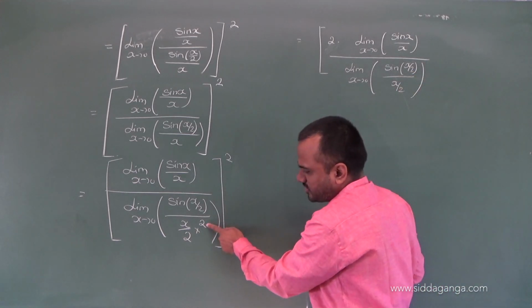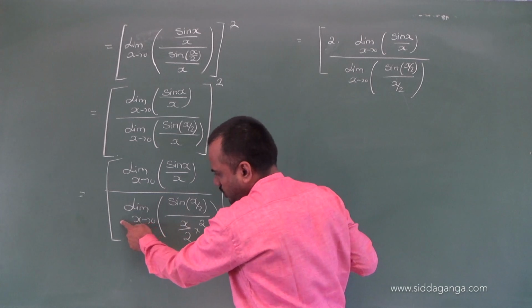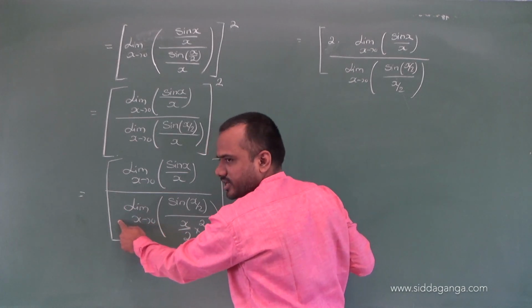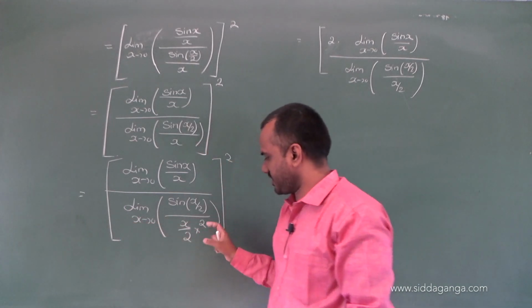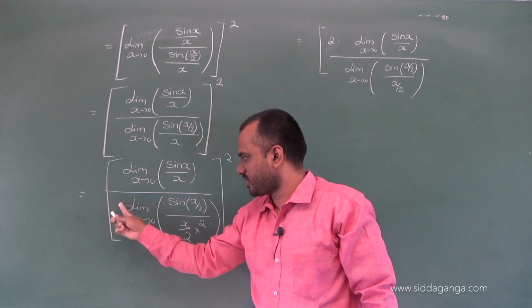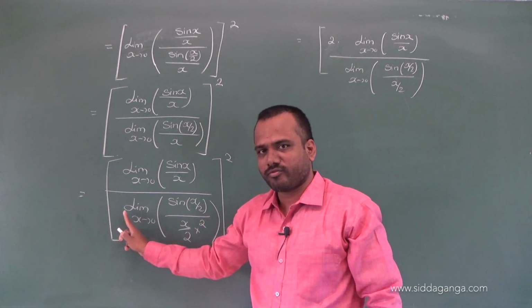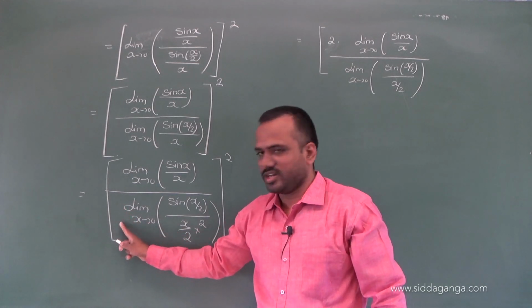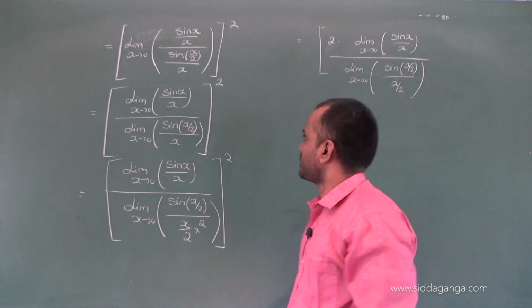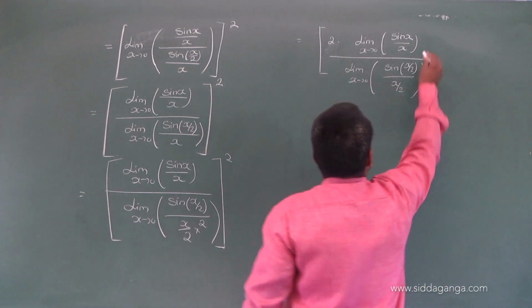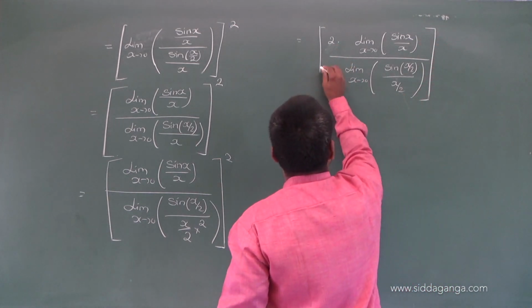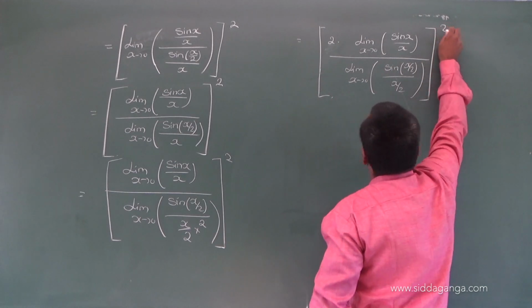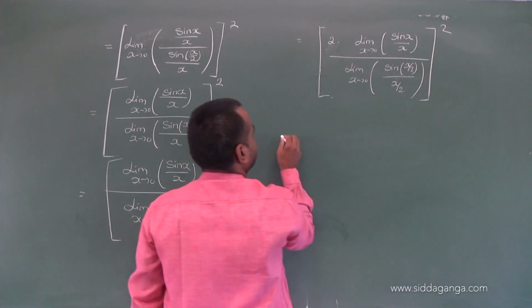Observe here, firstly I wrote outside 1 by 2. If I shift it from outside the limit, 1 by 2, denominator by denominator goes to numerator: 2 into, whole square, because this square is there.